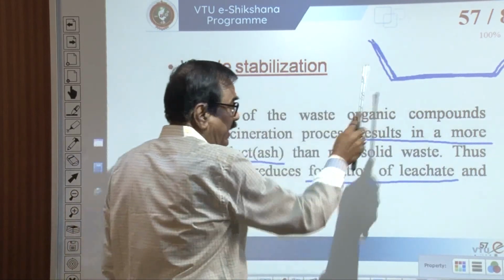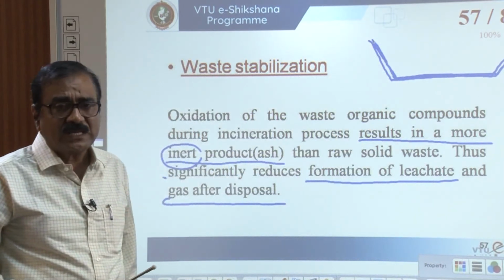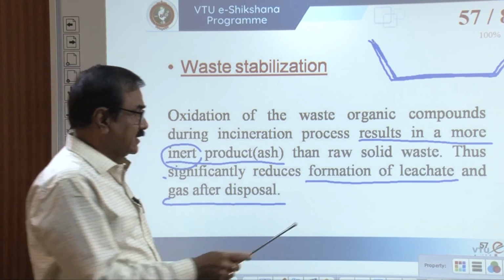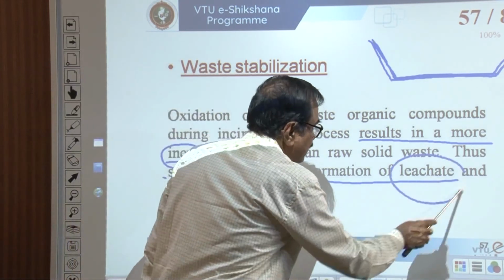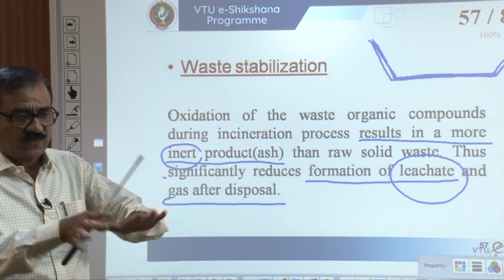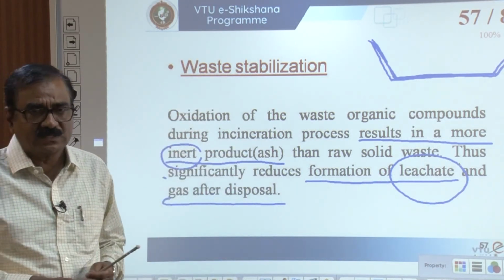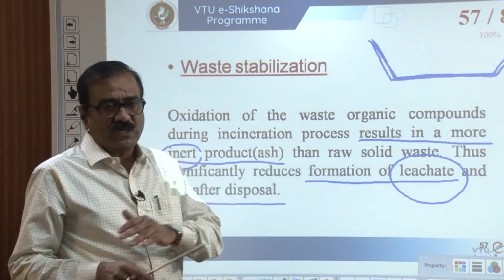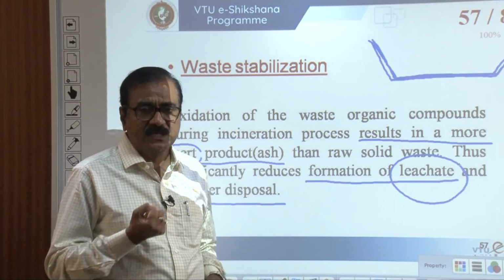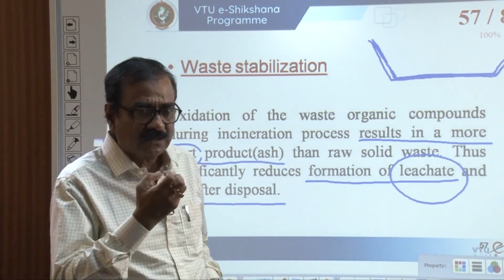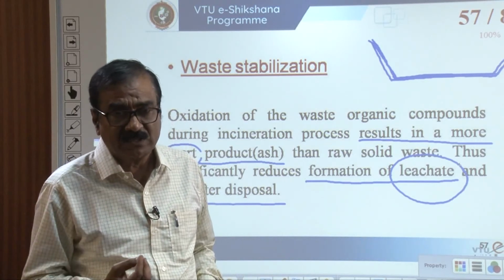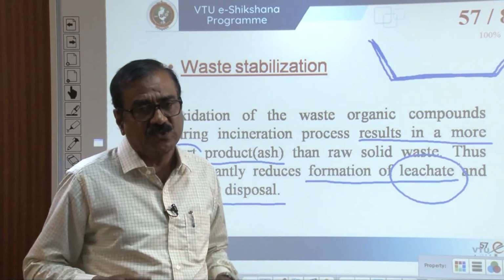When this is filled with ash, as that is inert in nature, there is no chance of formation of leachate. I hope you know what leachate is. When solid waste is dumped and rainwater falls on that, the water percolates through the heap of solid waste, and many of the materials get dissolved into that liquid, which is very toxic in nature when commingled waste is used.